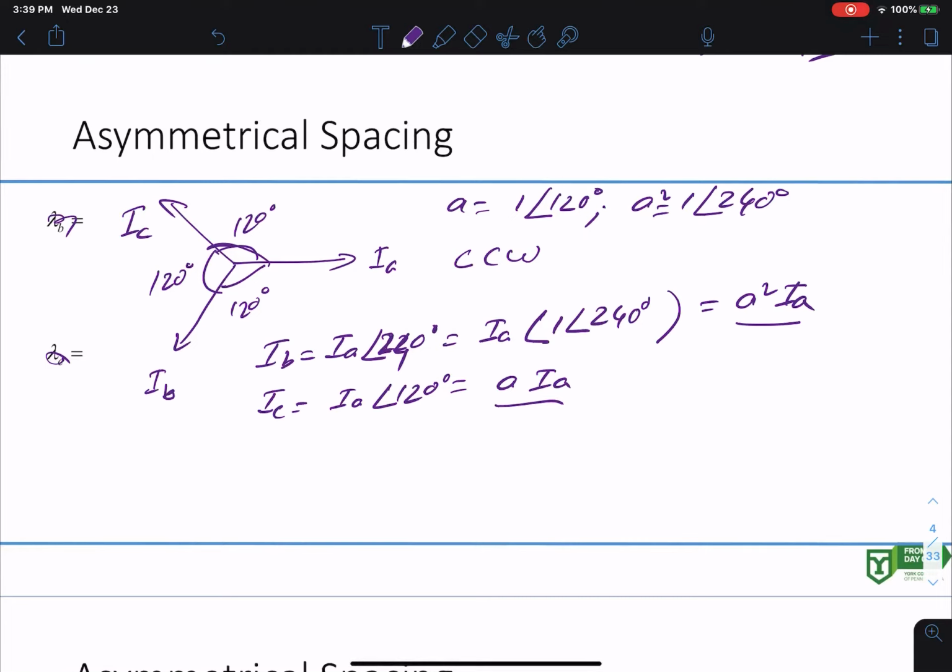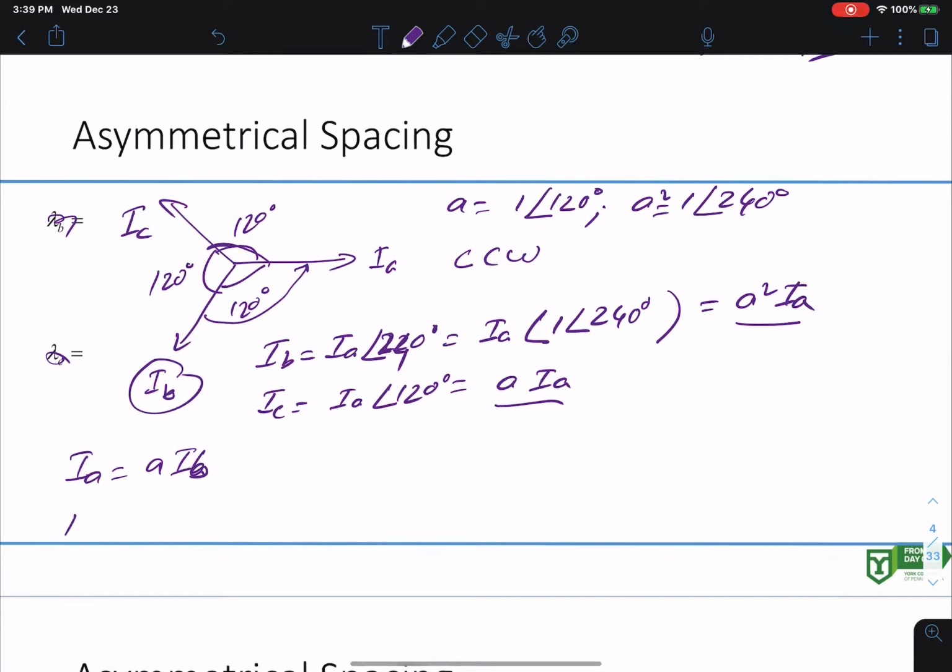If I do the same thing for IB, let's say IA is 120 degrees from IB. So IA in terms of IB, you're going counterclockwise, so IA is a times IB.